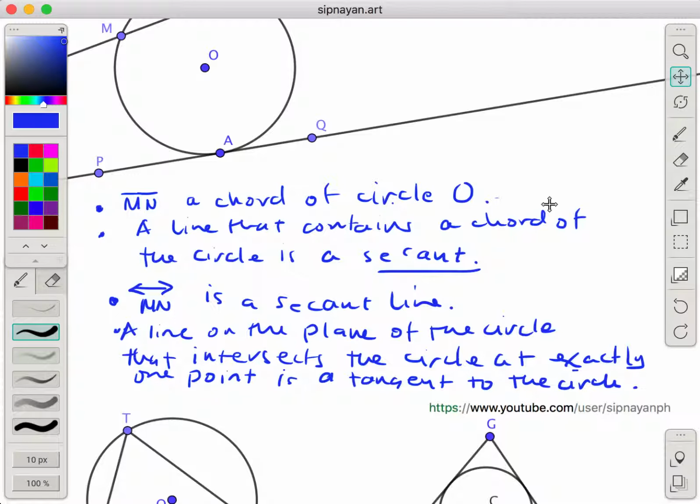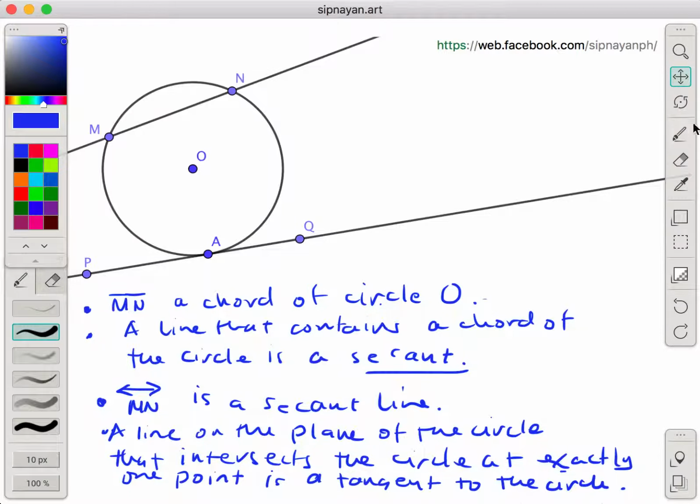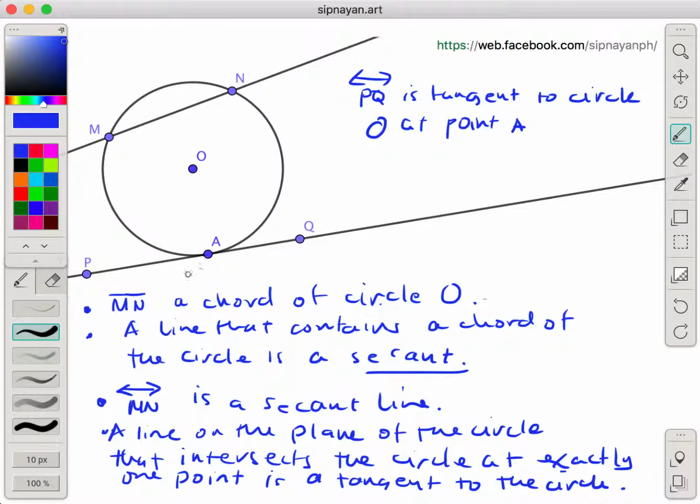Maybe we'll write it up here because we don't have much space, since we still have something to discuss below. So here, line PQ is tangent to circle O at point A. So it is tangent at point A. And point A, where the tangent and the circle intersect, is called the point of tangency.